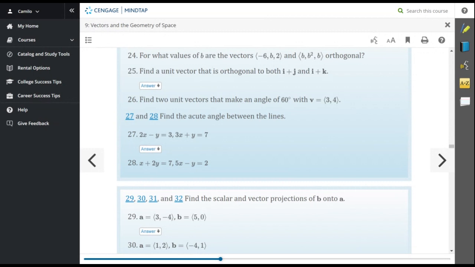You can ignore those. You're looking at two straight lines. 3 and 7 kind of dictate the y-intercept, but that doesn't matter because the lines go on forever, so they're going to cross at the same angle regardless of where they're shifted. So you just take the coefficients of x and y, and that becomes your vector. So you got two vectors, you dot those, do the cosine inverse, you can get the angles. You can do it if you like, but that's it for today, guys.